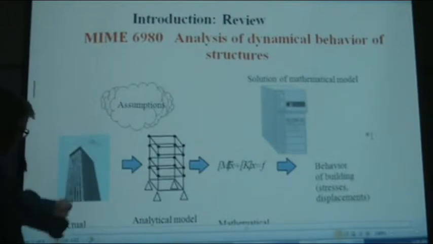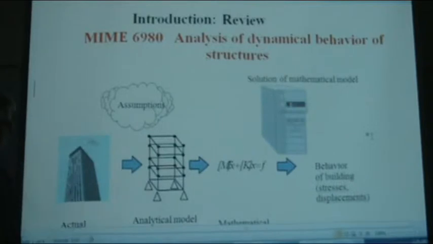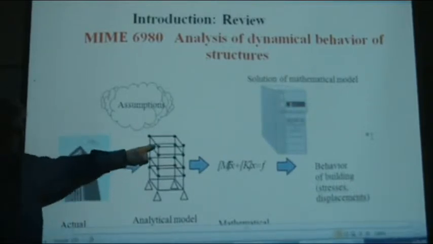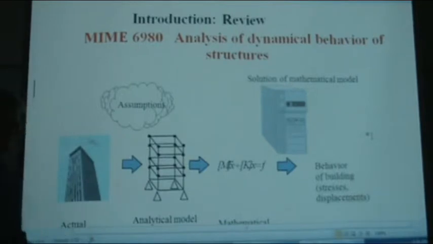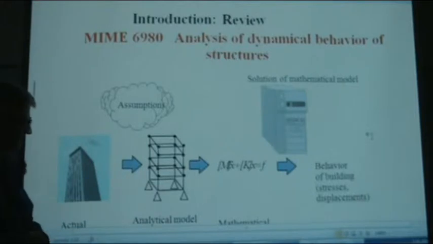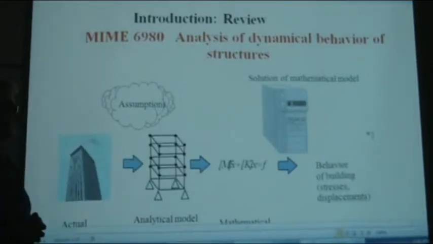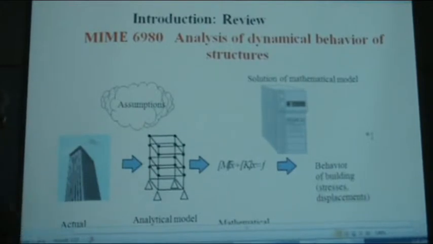We simplify this into something much simpler, such as this collection of bars and rods, and concentrated masses. Then you write an equation of motion, and then you solve this equation. And you do that typically on the computer.